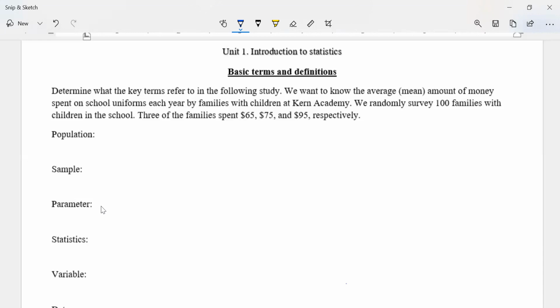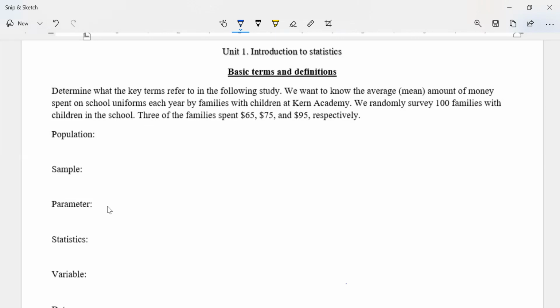For parameter, I will write the average, which is the mean amount of money spent on school uniforms each year by families with children at Kern Academy when the study was done, right? That is what I'm studying. My thing is, I want to know the average amount of money spent on school uniforms, and I randomly chose 100 people.